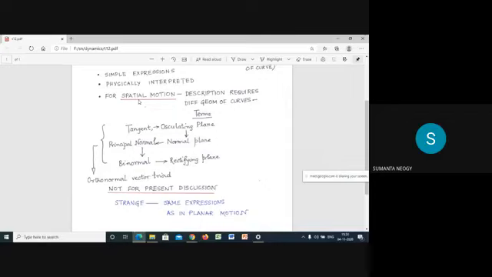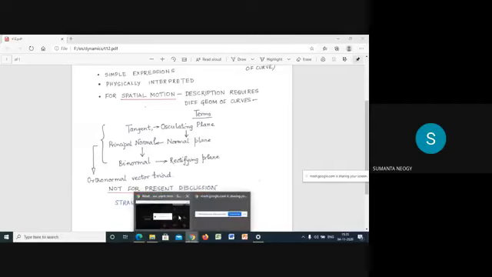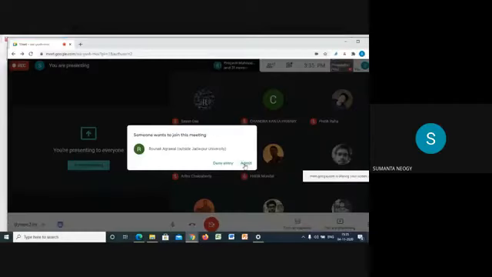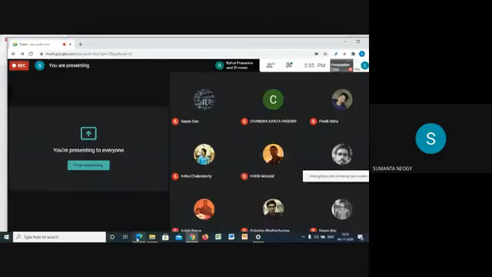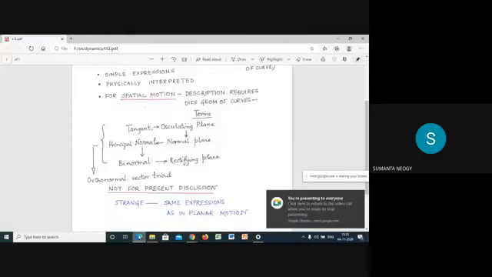In plane motion, tangent is a unique thing and normal is a unique thing. In space curvilinear motion, they are no longer unique. You will have two more such normals: one is the principal normal, the other is the binormal.